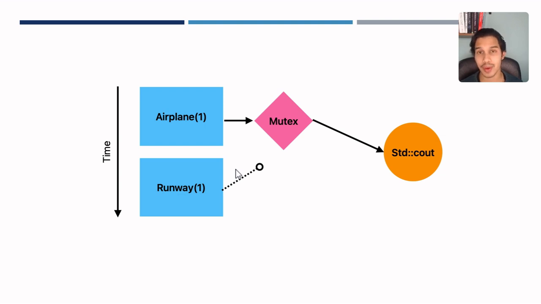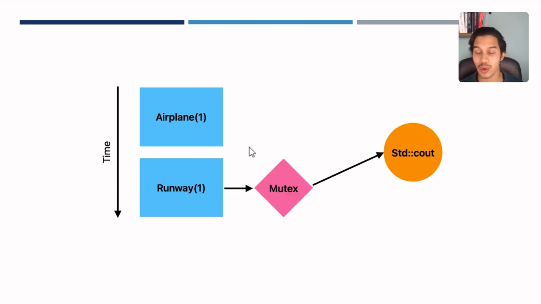This prevents other threads from acquiring it, and because it is the only method of accessing standard output, this will also block the thread. It is only when the mutex is released that the next thread can acquire and lock the mutex and subsequently use standard output.